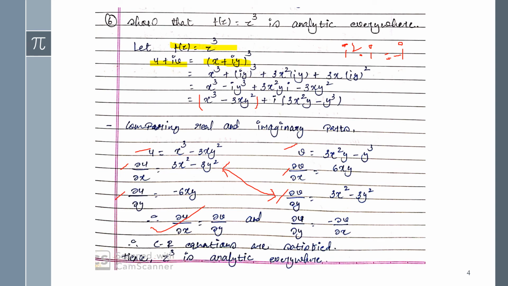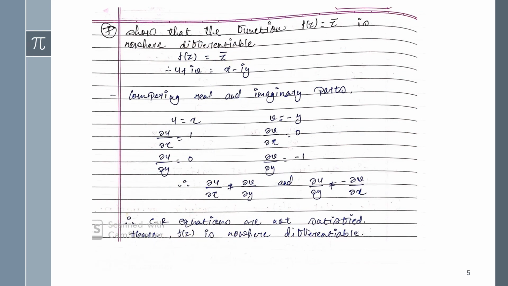Now, one more example I have given here. The question is: show that the function f of z equals z bar is nowhere differentiable. Here you do not have to show that it is analytic; you have to show that the given function is not differentiable anywhere.